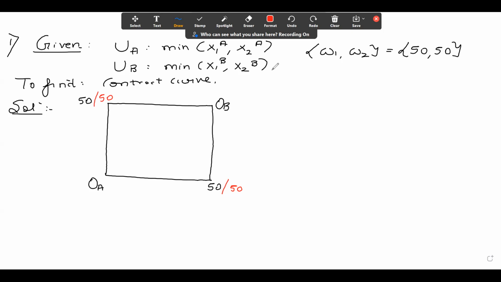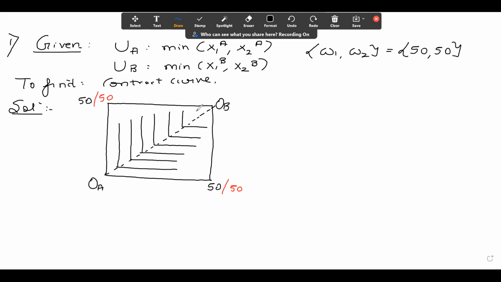Okay, if you look at A's indifference curves, how will they look? If I draw a 45-degree line, guys, you will see that all the kinks will lie on the 45-degree line. These are A's ICs. Perfect complements means they are L-shaped ICs. Okay, these are A's ICs, and this is the 45-degree line.